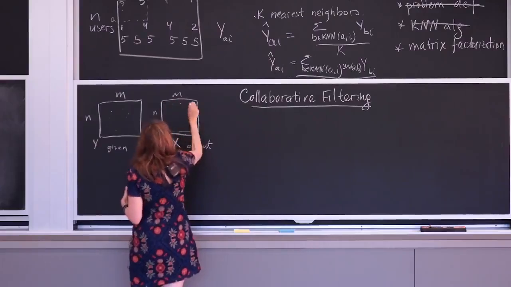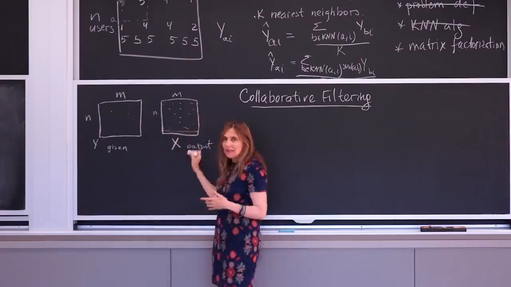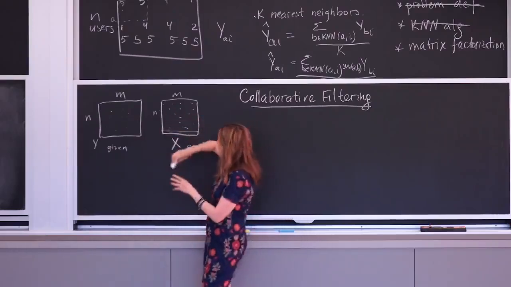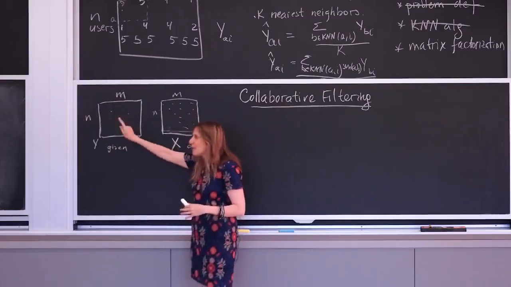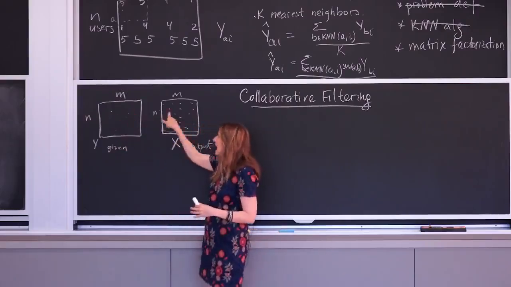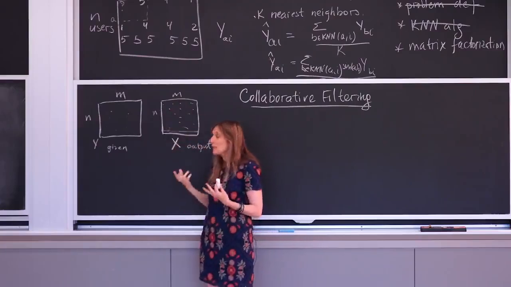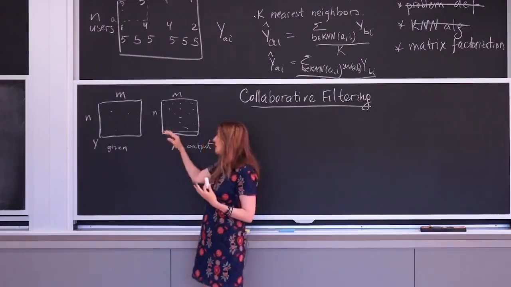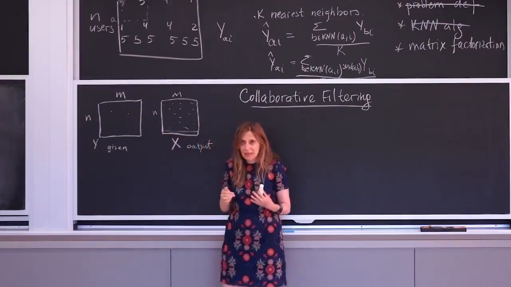And here I want to have every single entry filled, everything has to be completed. So you are given some initial entries and the algorithm needs to output the matrix X, which will contain a prediction for every single user and movie. This is your goal.